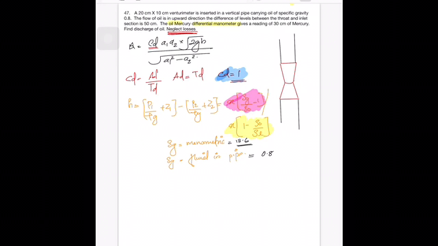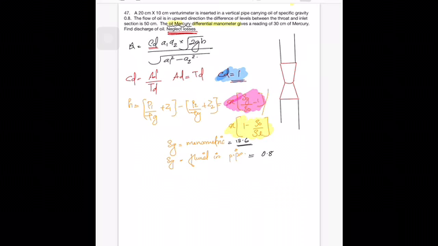Since the specific gravity of manometric fluid is 13.6, as they have said that they are using a mercury differential manometer, and the specific gravity of the fluid flowing through the pipe is 0.8, as they have said that this is an oil of specific gravity 0.8, we can use this equation, because if you use the other equation the value of H will become negative.